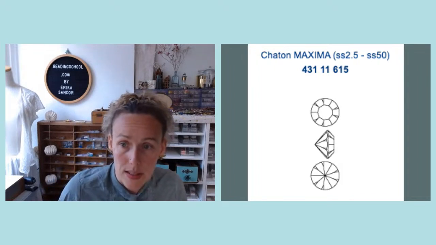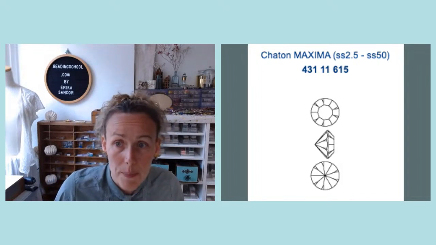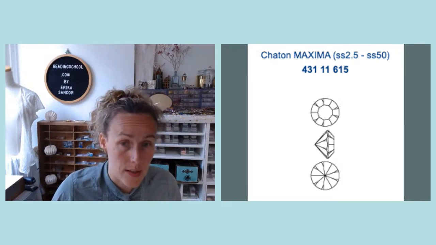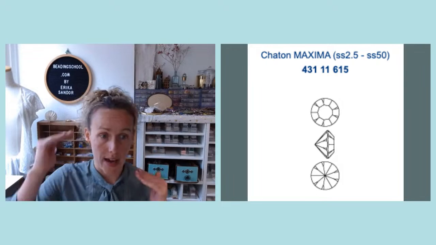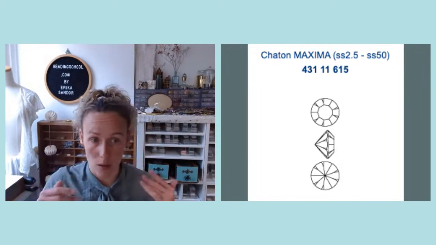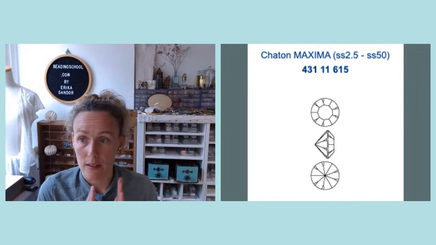So as you can see from this drawing, chatons have facets on the top and the bottom too. But while rivolis had an identical bottom and top, with chatons it differs.